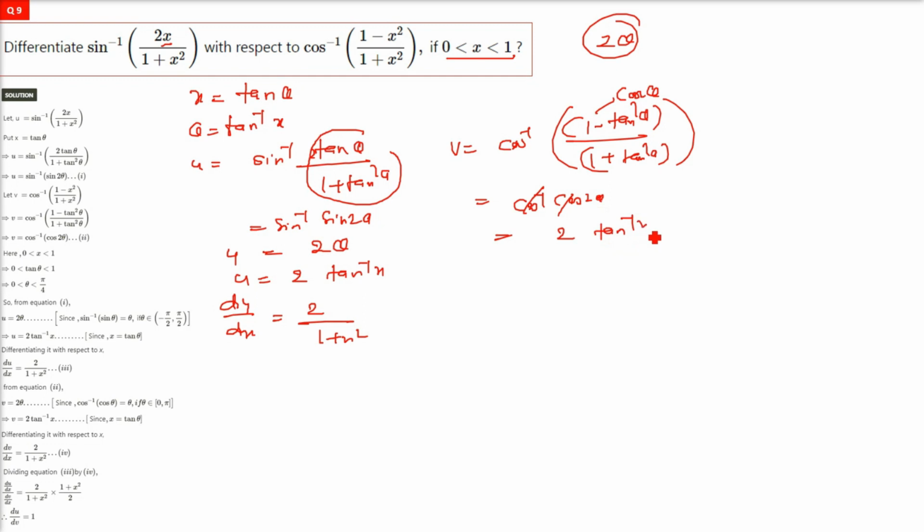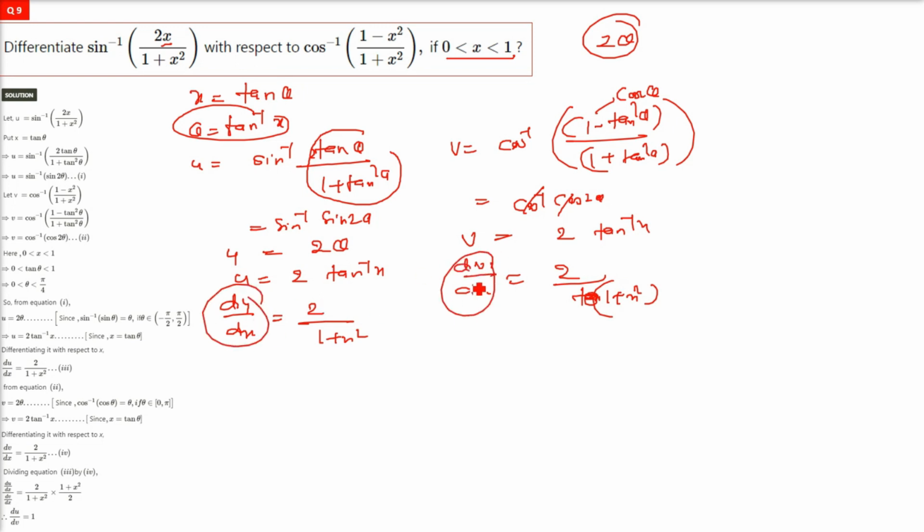And theta is nothing but tan inverse x. And dv by dx is equal to 2 times 1 by 1 plus x square. Whether you check or not, you will see dv by dx and du by dx are exactly the same. They both are 2 by 1 plus x square. So when you divide them, you will get 1.